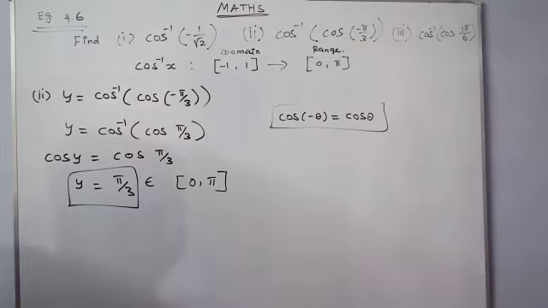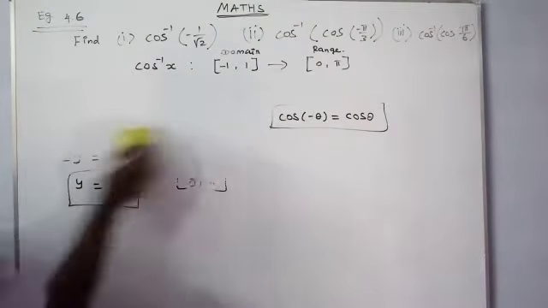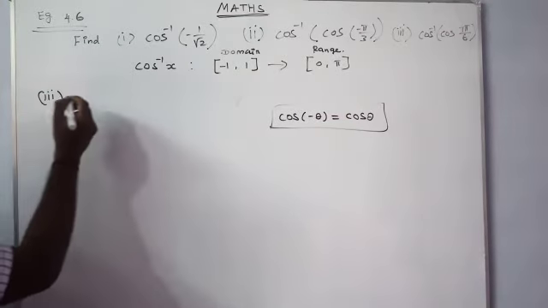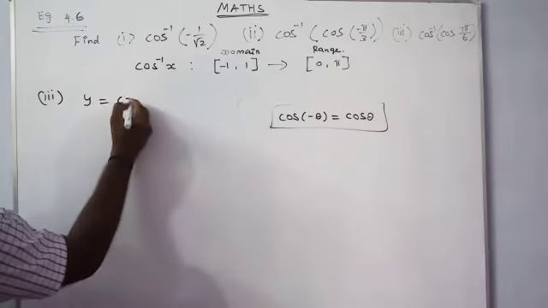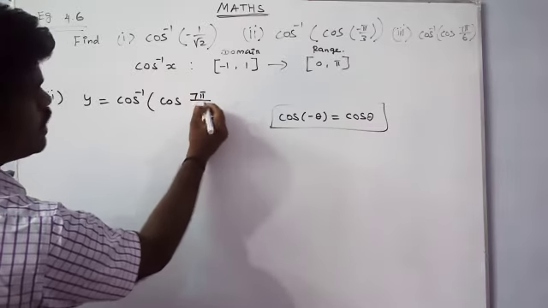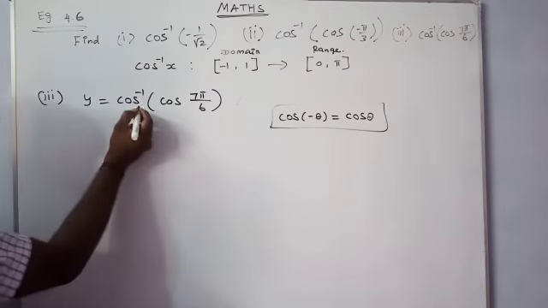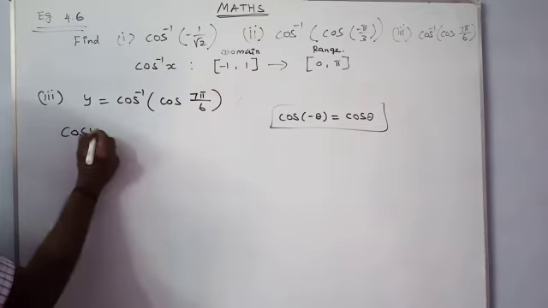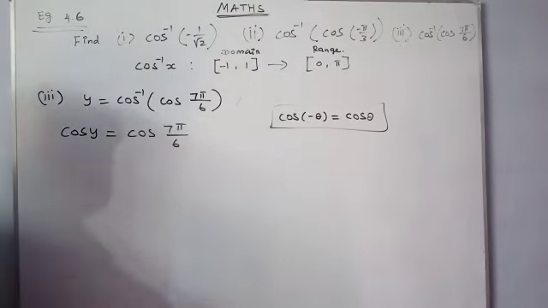Next one, Roman letter 3. Let us take y is equal to cos inverse of 7 pi by 6. Take cos inverse to this side: cos y is equal to cos of 7 pi by 6.